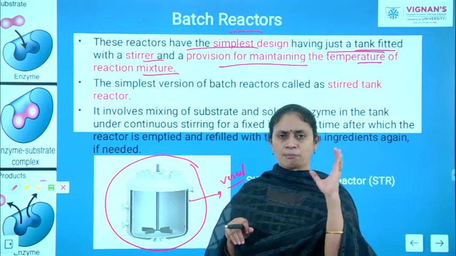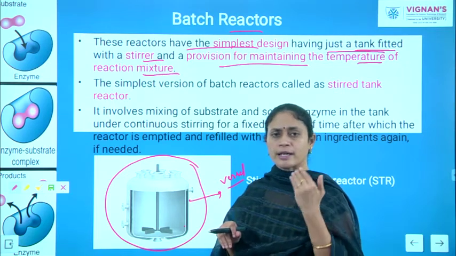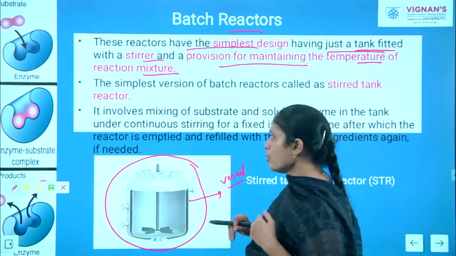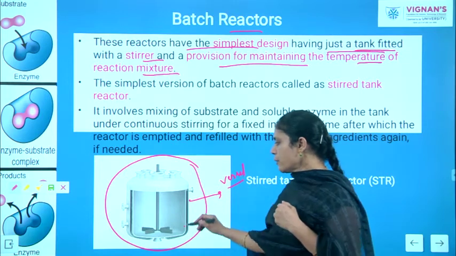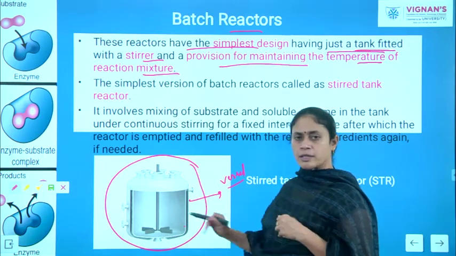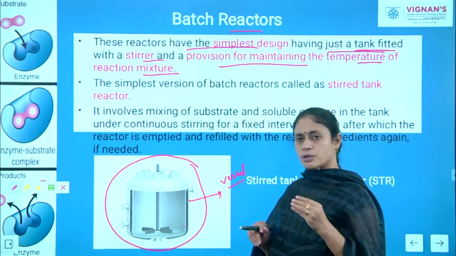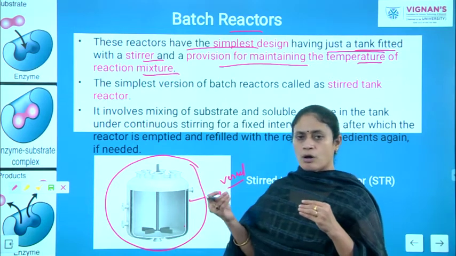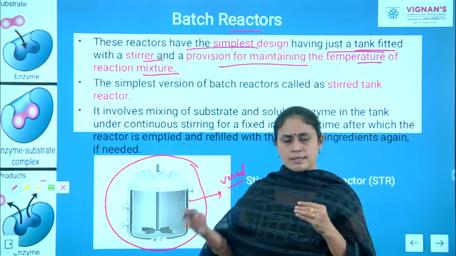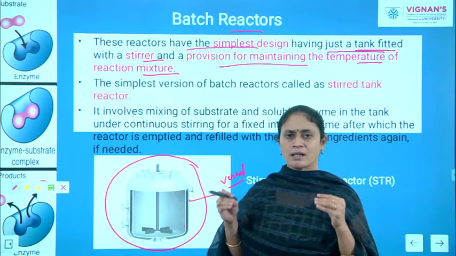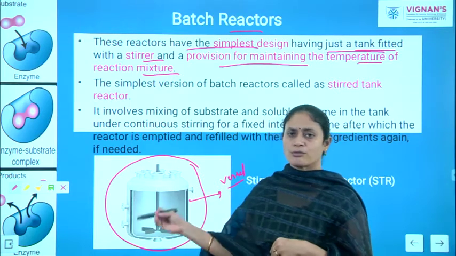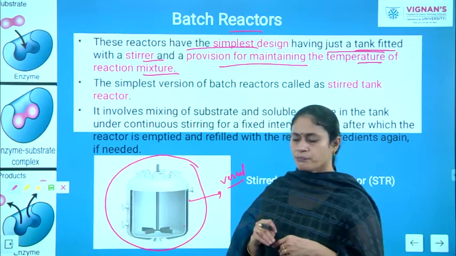The enzyme needs a certain temperature in order to get activated. So, a jacket is available on the reactor so that you can supply hot water or steam in order to maintain the proper temperature for the reaction mixture.